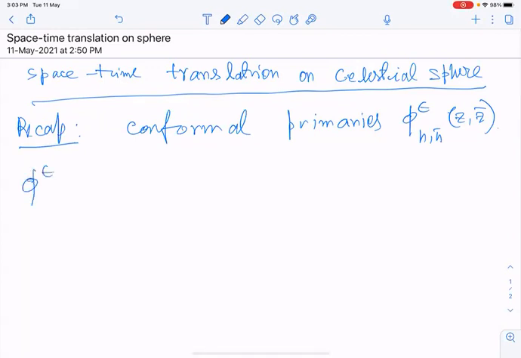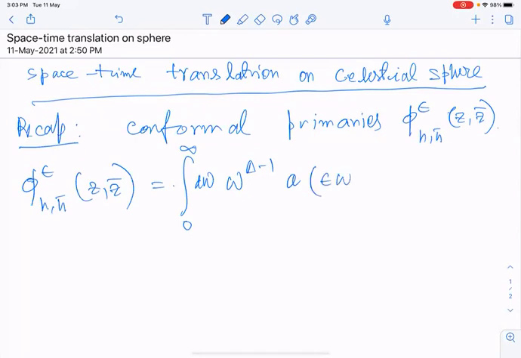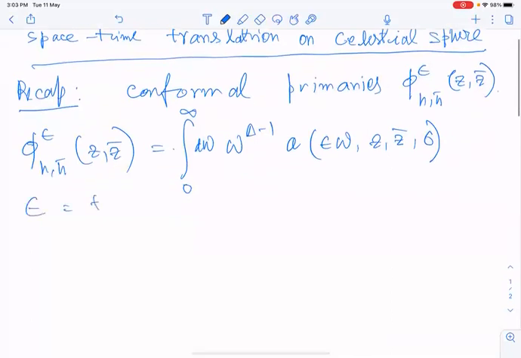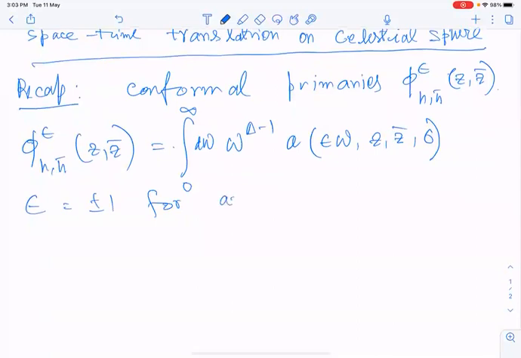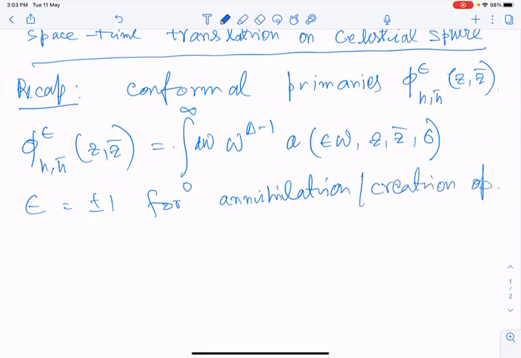These were defined as Mellin transforms of the creation and annihilation operators, where this epsilon equals plus or minus 1 for annihilation and creation operators, and sigma is the spin, or the helicity, of the massless particle.